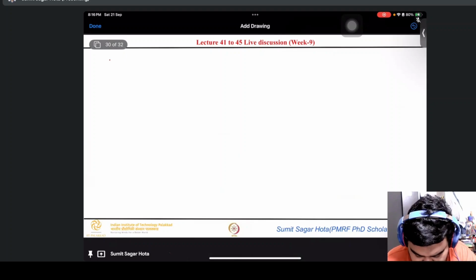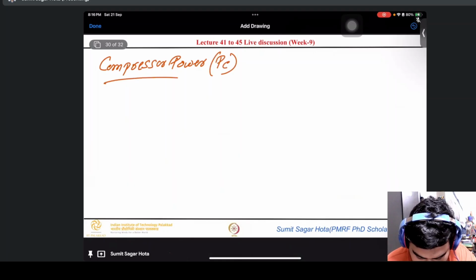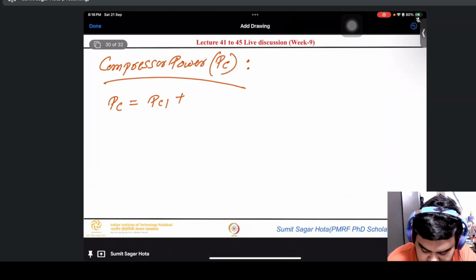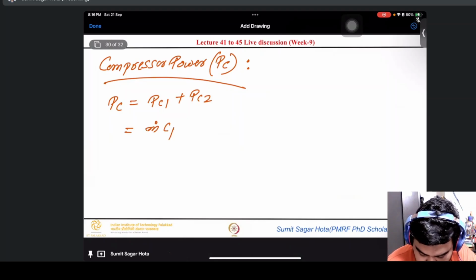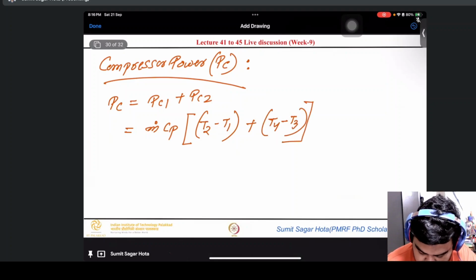So what is the compressor power? PC is equal to PC1 plus PC2, which is m dot Cp times (T2 minus T1) plus (T4 minus T3). What is m dot? 10. Cp is 1.005.